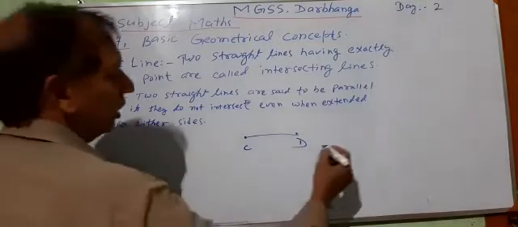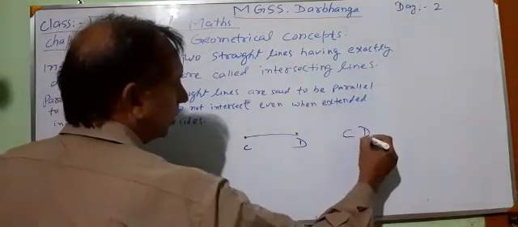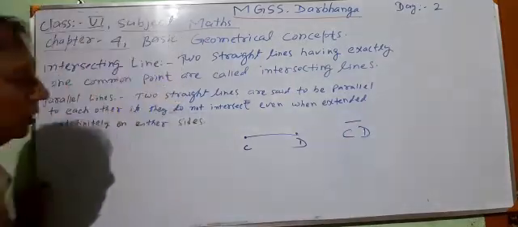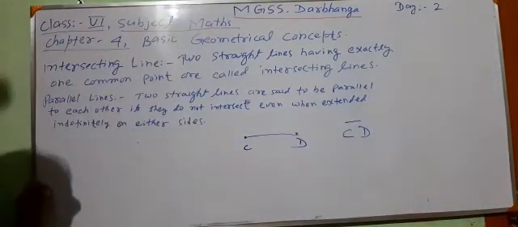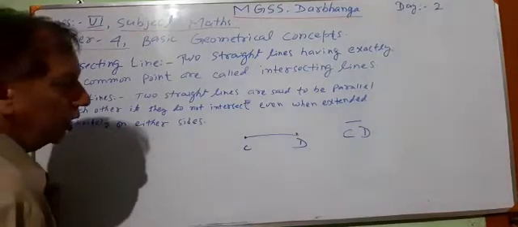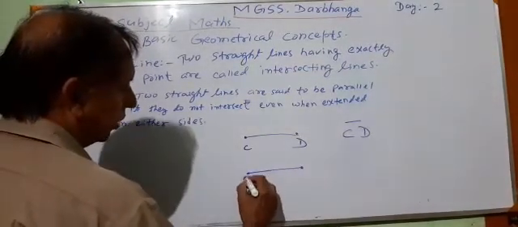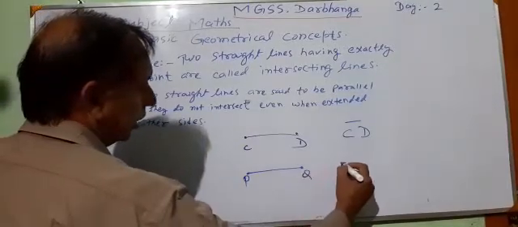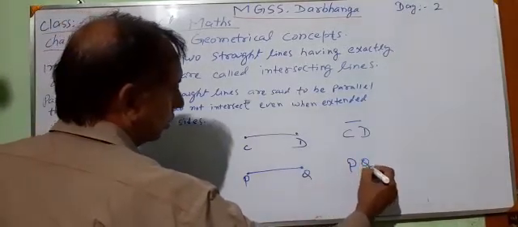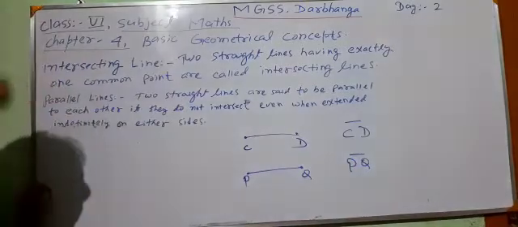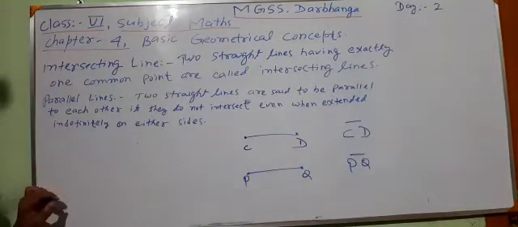And how do we represent it? We write C, D, and draw a small line above. We shall read it as line segment CD. Similarly, this is one line segment with points P and Q. We shall write it PQ, and read it as line segment PQ.